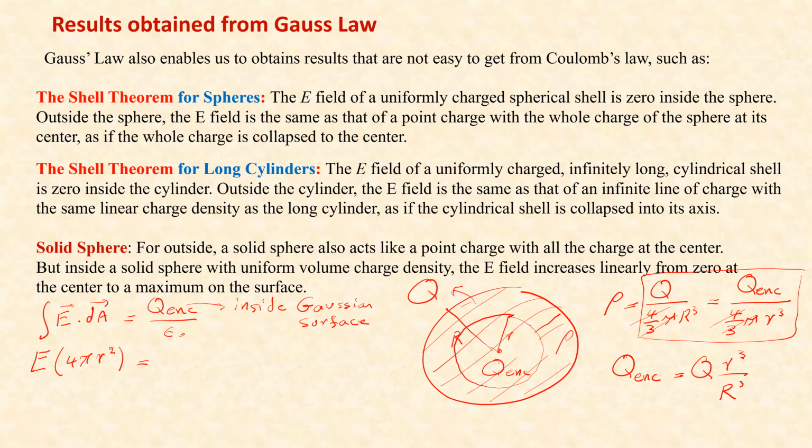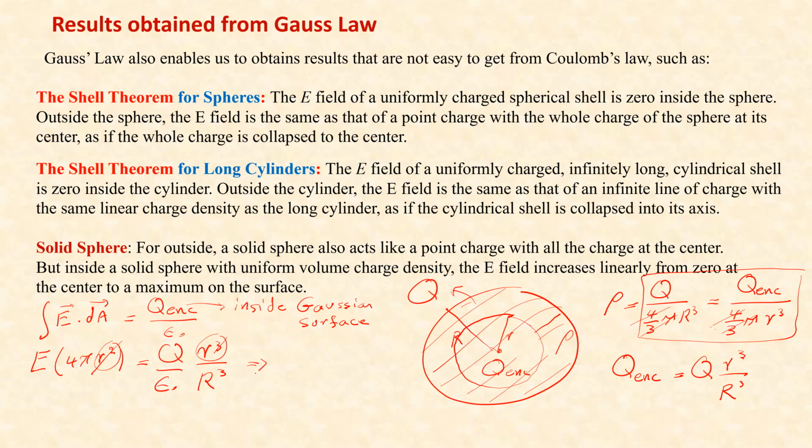If you put that in here, you get Q over epsilon naught times r cubed over R cubed. Now you see there is r squared here and r cubed here, so this r squared cancels with two of these, and you get r over there.